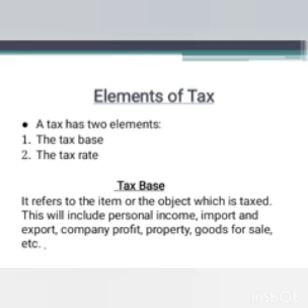We have tax on importation and export. We have company profits. We have tax on properties.